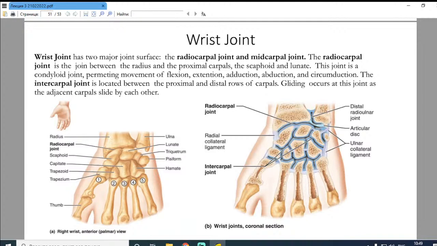What do you see? The radiocarpal joint at the wrist joint. You see the radius, os scaphoideum, os lunatum. And next, the intercarpal joint, which has an S-shape.